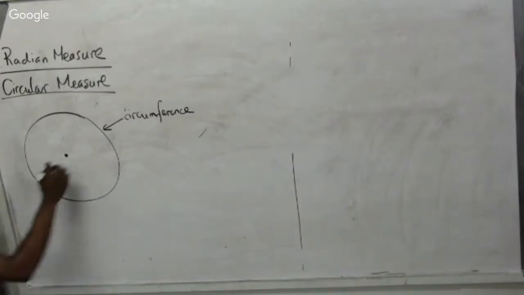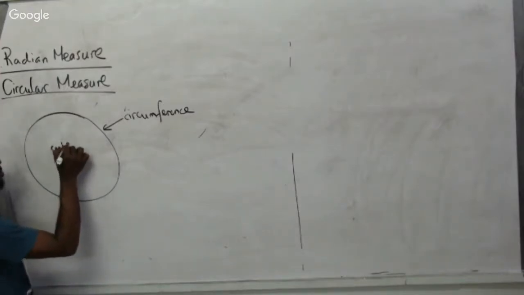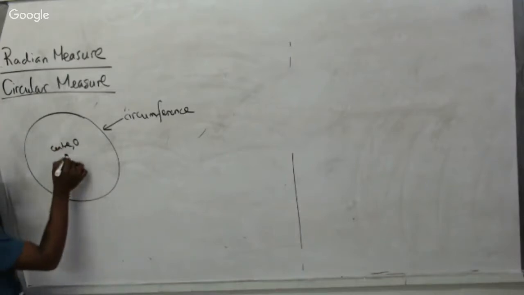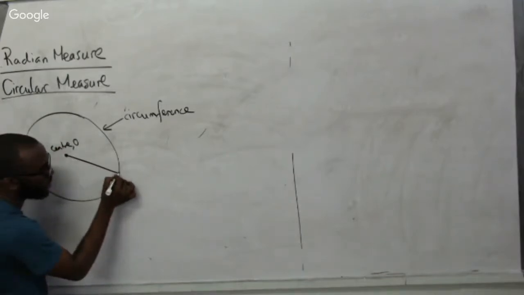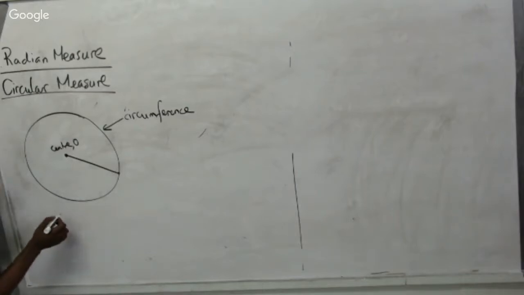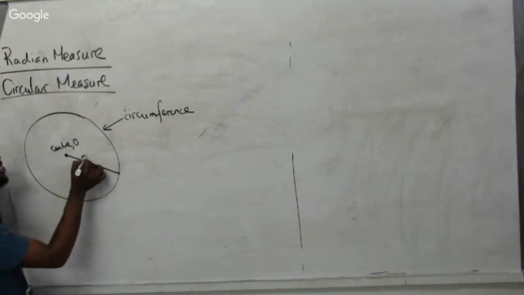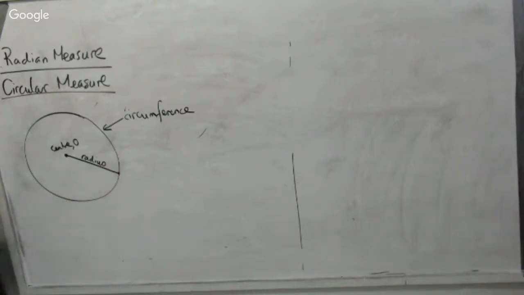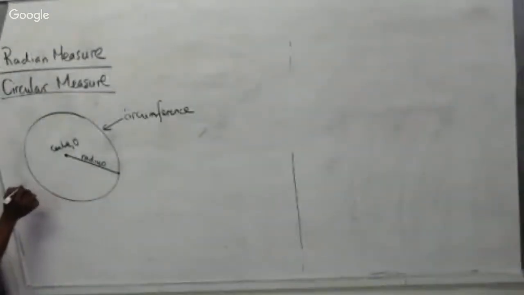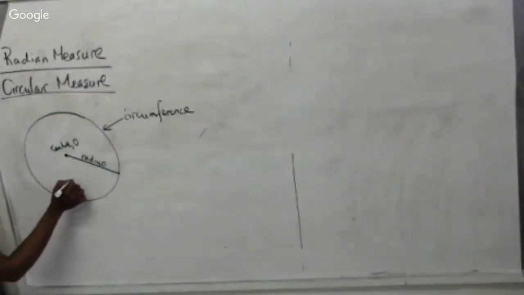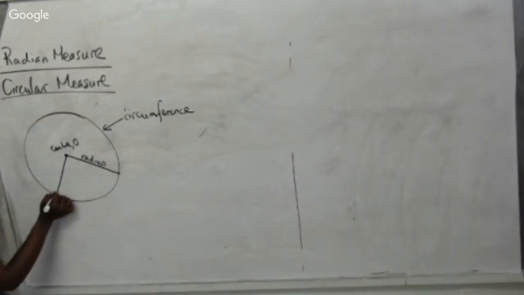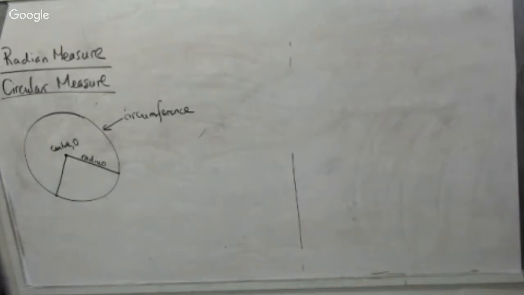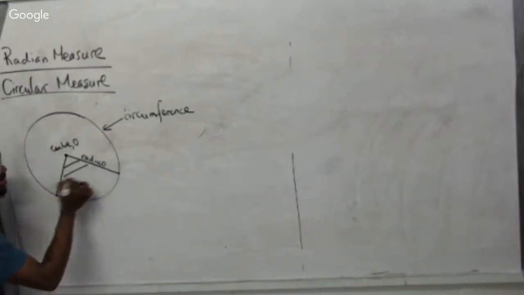And a line connecting the center O to the circumference is called a radius. Plural radii. Two radii make a what?